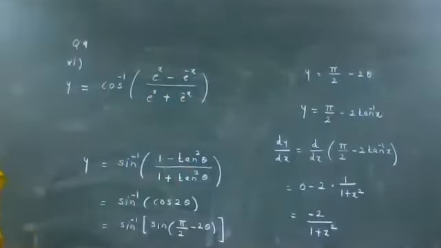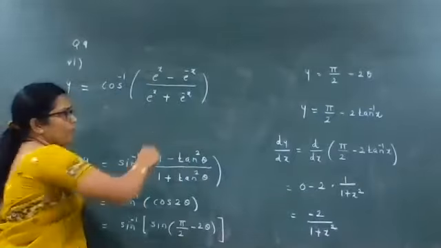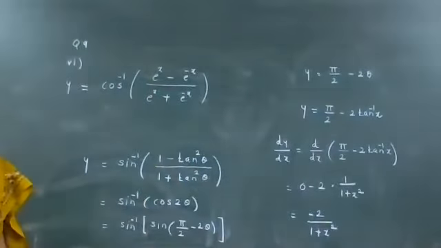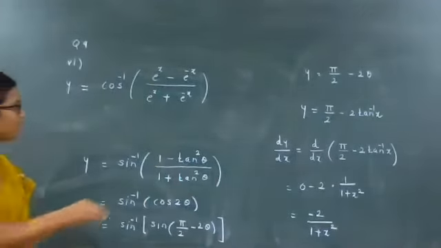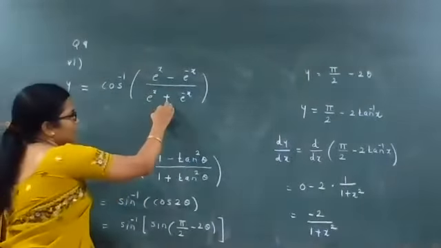Bracket should be reduced in such a form that if we substitute for variable, it will reduce to the formula for cos 2 theta. Now see, in the numerator you have e raised to x minus e raised to minus x, denominator e raised to x plus e raised to minus x.